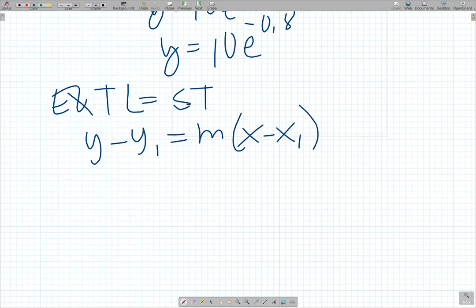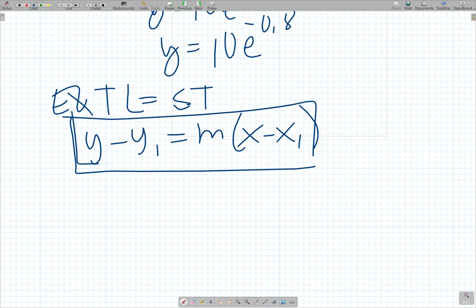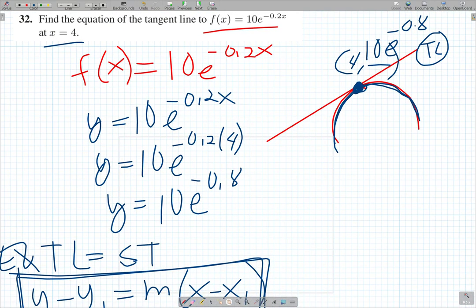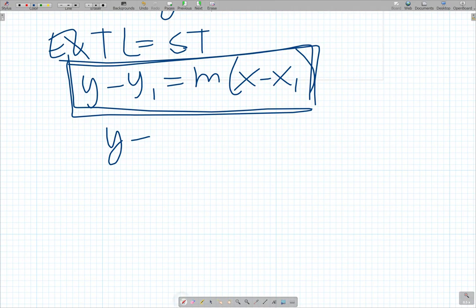Okay, so saan ba point natin yan, class? So kasi we are looking, class, for the equation of the tangent line. So ito ang equation ng tangent line. Diba? So y minus, ano ba ang y1 natin? Ang y1 natin, of course, ito, no? 10 e negative 0.8, no? So 10 e negative 0.8 equals slope of the tangent line, wala pa tayo, times x minus, ano ang x1 natin?